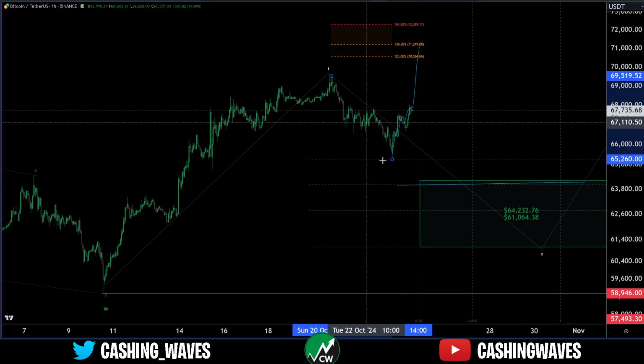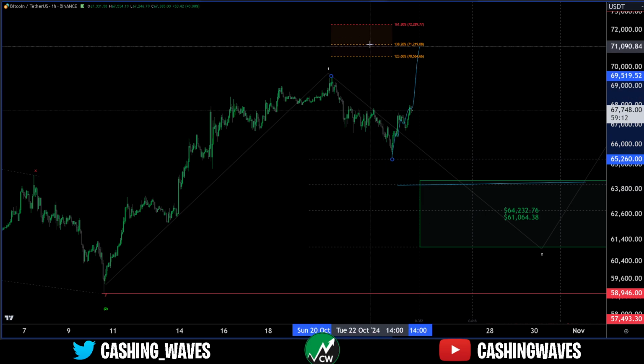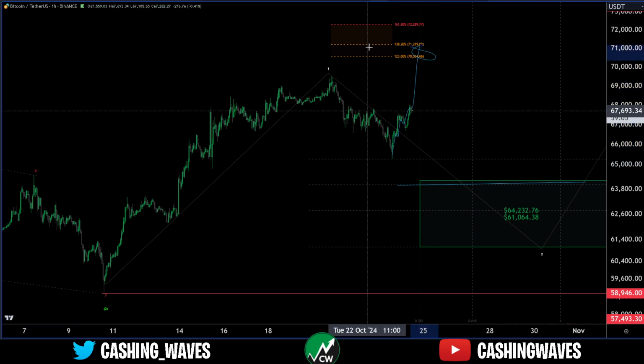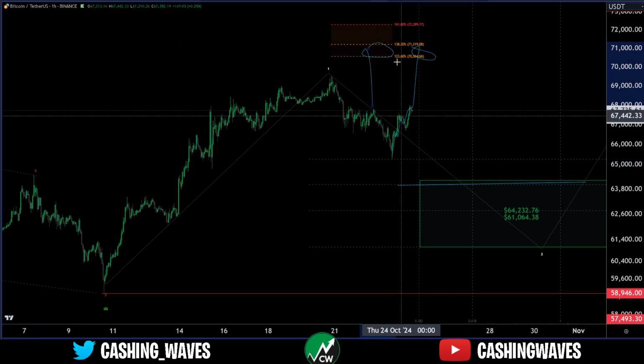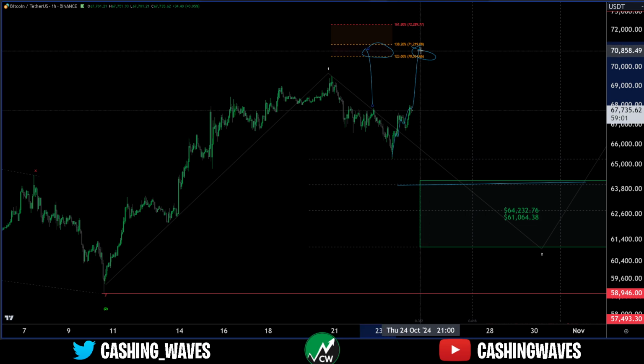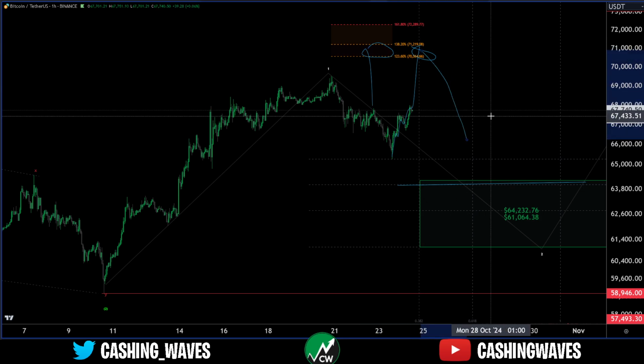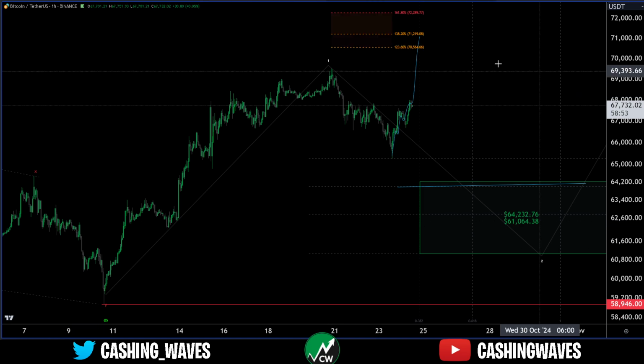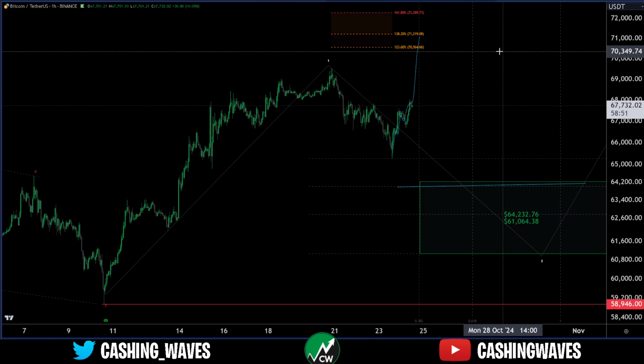pull from our ABC down, put on the 1.236382 and the 1.618. Our area we would expect our B wave to come is right between this zone here, 70,564, 71,219. That's where we would expect that C wave, but invalidation of that is this 1.618, which is at 72,289.